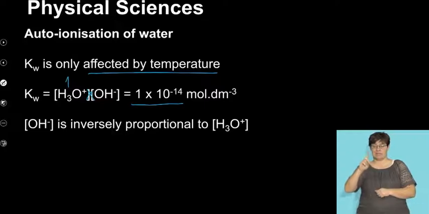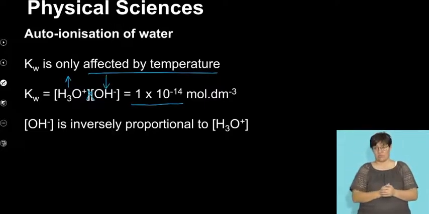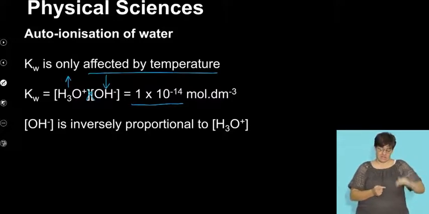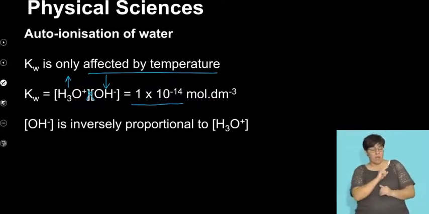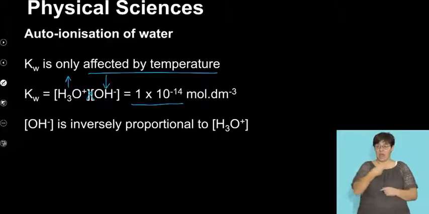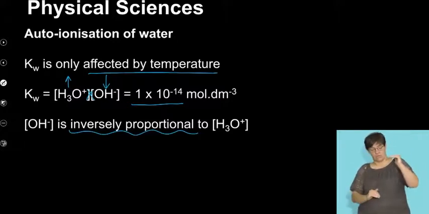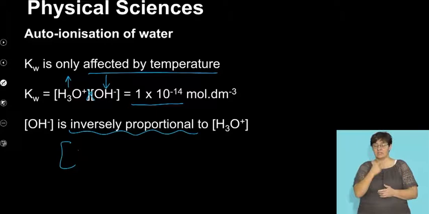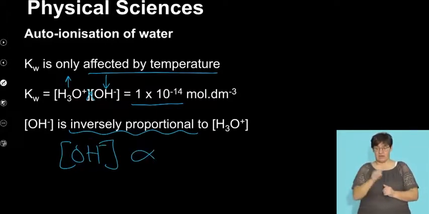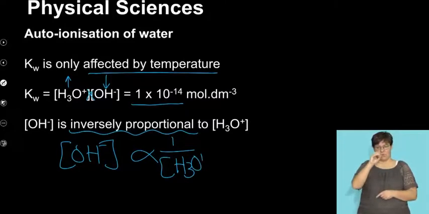If the hydronium ion concentration increases, the hydroxide ion concentration will decrease and the other way around. And because of that, we can say that the hydroxide ion concentration is inversely proportional to the hydronium ion concentration. Or you can always say it the other way around. If you write it out, you say hydroxide ion concentration is inversely proportional to the hydronium ion concentration.